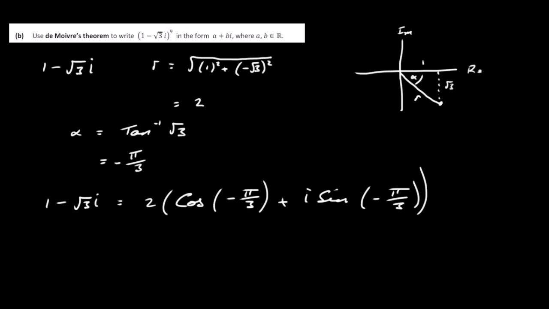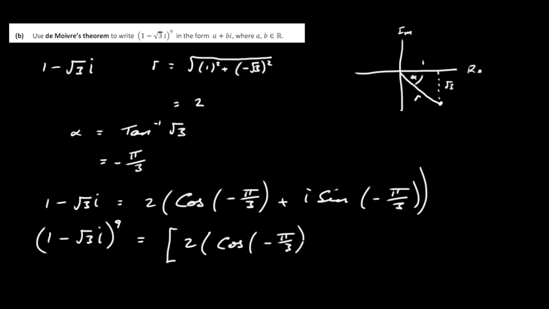But we've got to work out 1 minus root 3i to the power of 9. So let's do that. 1 minus root 3i to the power of 9 is just going to be all of this, 2 cos minus pi over 3 plus i sine minus pi over 3, all to the power of 9.